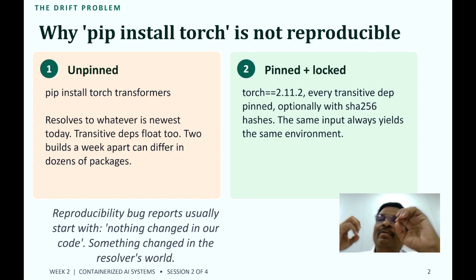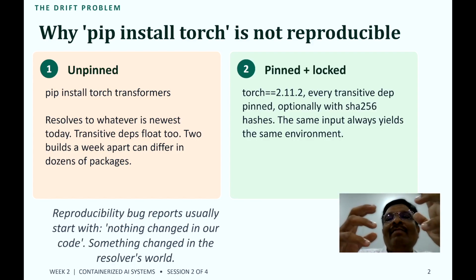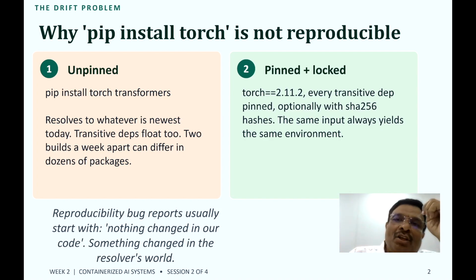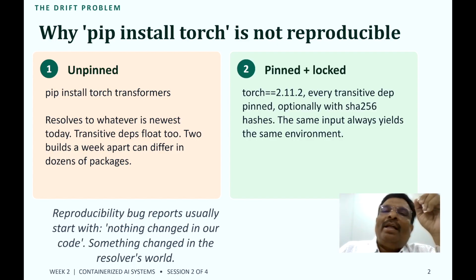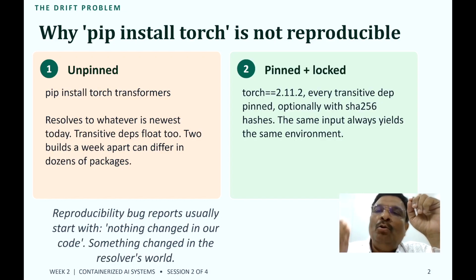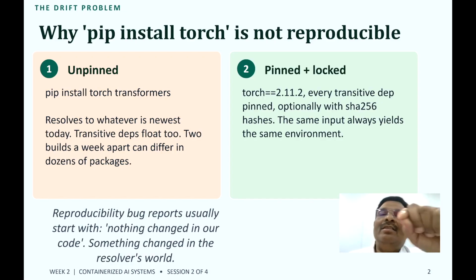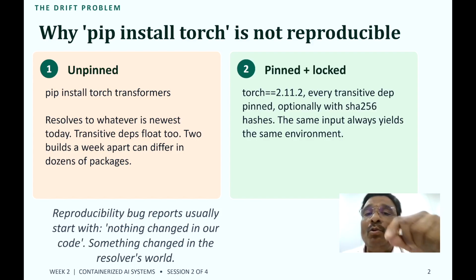And when I say we pin and then we lock, what does it mean? It means I am installing not just torch, but specifically, let us say, torch 2.11.2. So every transitive dependency is also pinned. We also use hashes, and I will discuss in some of my next slides why this is so important.